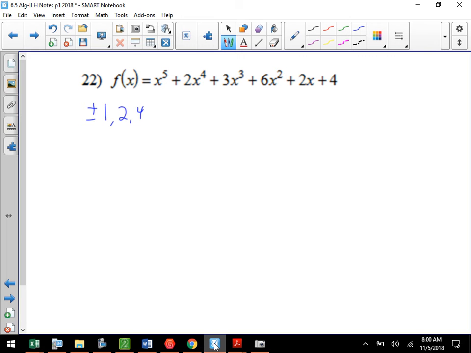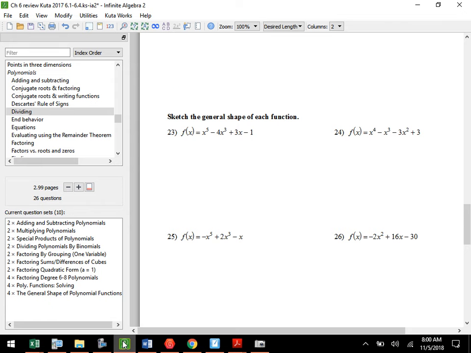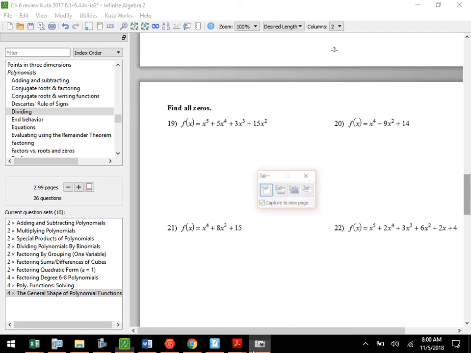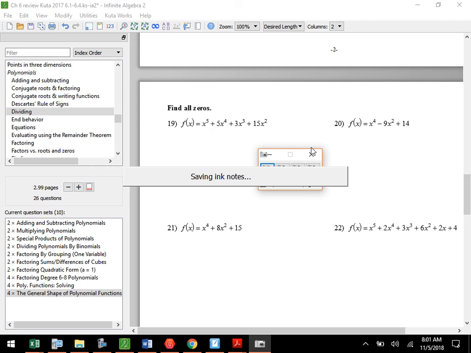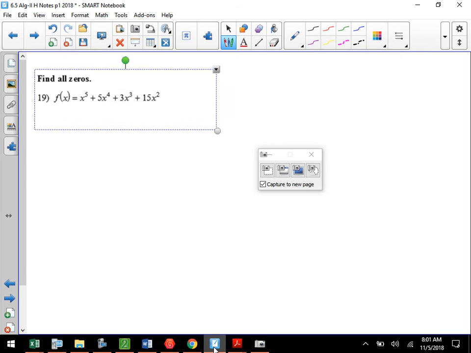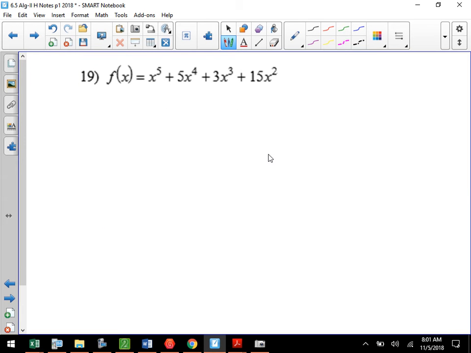What else did you have going on in here? The multiplicity. The reason they have multiplicity here is, well, what's your first rule of factoring? GCF. When you take the GCF out, you've got an x squared. Then you've got x to the third, 5x squared, 3x, and a 15.